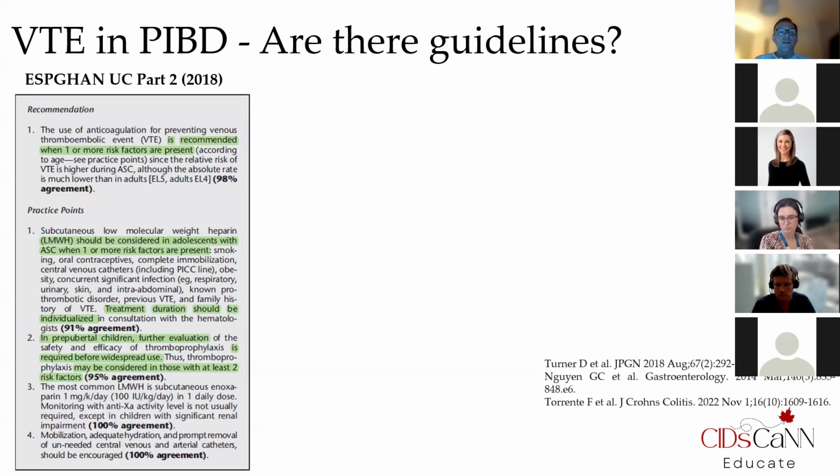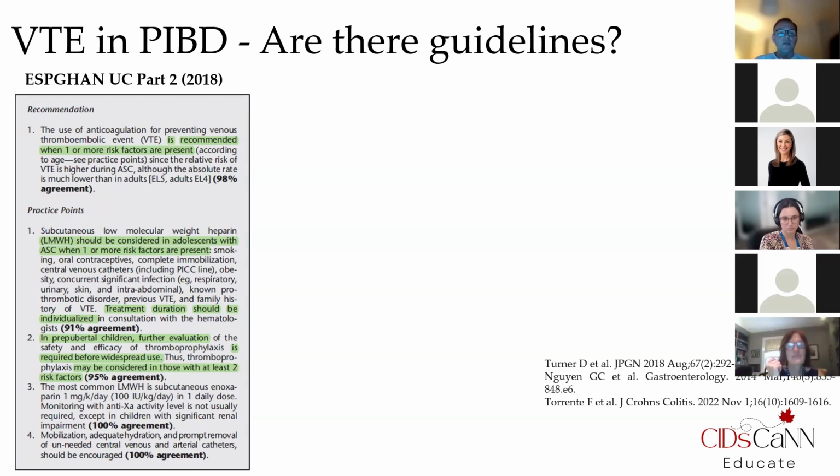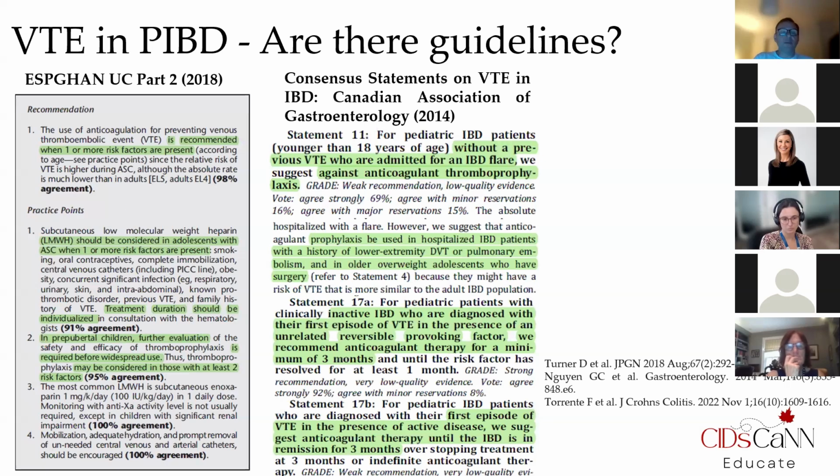In children, in our last version of the joint ECCO and ESPGHAN statement, we sat on the fence a little bit, and we really said that for younger children, we're not sure that we should be giving them prophylaxis, but for children aged 12 and over, it would be appropriate to give it or think about giving it.